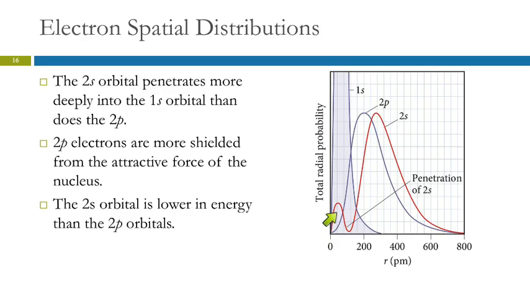But what we see is that the 2s orbital penetrates more deeply into the 1s orbital than a 2p orbital does. So an electron in the 2p orbital is not going to have as much attraction as the 2s orbital. So electrons in the 2s orbital are lower in energy than in the 2p orbital. That's the energy splitting of those levels.